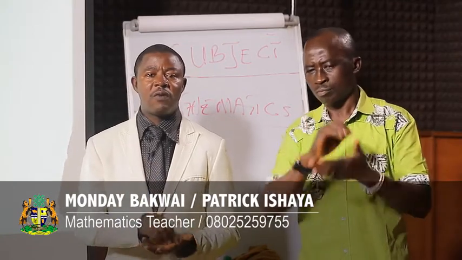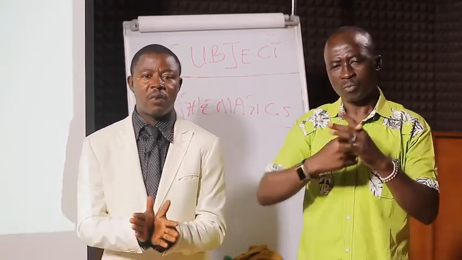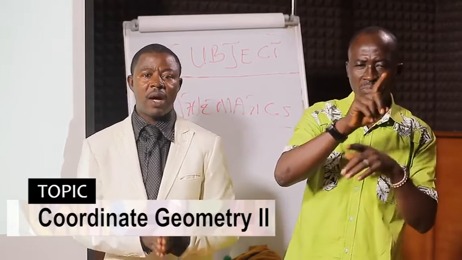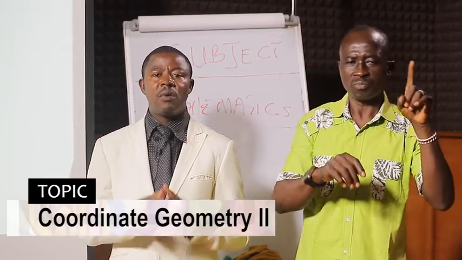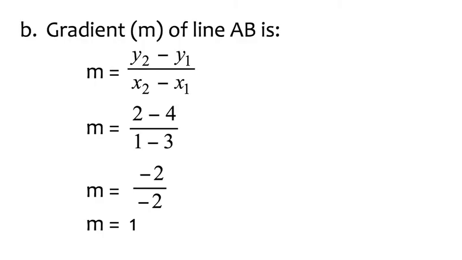From the beginning, we've already identified who is x1, who is x2, who is y1, who is y2. You go ahead to substitute. Our y2 was 2, so we have 2, and our y1 is 4. So we have 2 minus 4 divided by x2, which is 1, minus x1, which is 3.